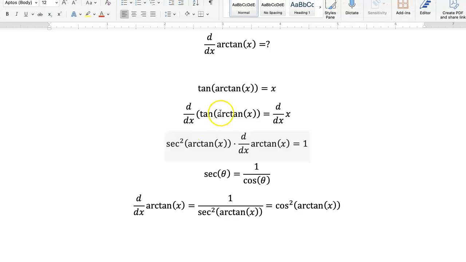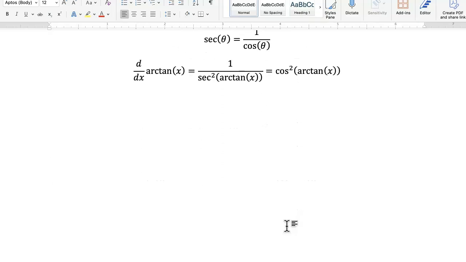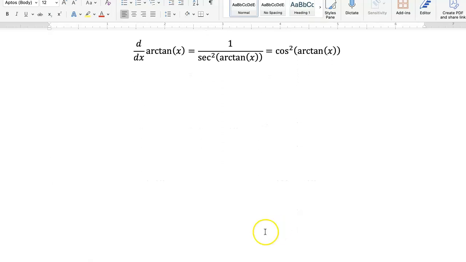So as before, now we have a derivative, but this form isn't the most useful. And so we've got to work out what is the arctan of x, and how do we express that in terms of cosine to get us something that's a little bit more useful? Well, let's go back to our triangle.